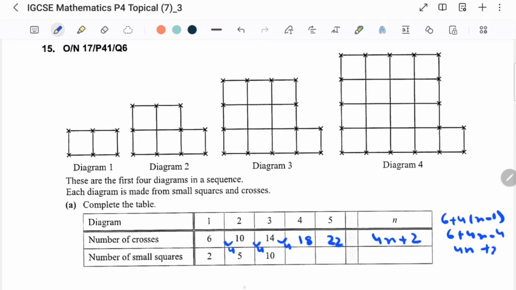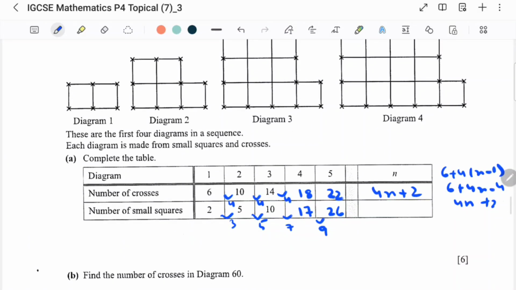Then 2, 5, 10. They're adding 3, and then 5, then 7 will be 17, then 9 will be 26, and a quadratic sequence. So it is a quadratic sequence, and then we have a difference of two numbers. You can assume actually it is n square plus 1, and you can find out because 1 square plus 1 is 2, 2 square plus 1 is 5.